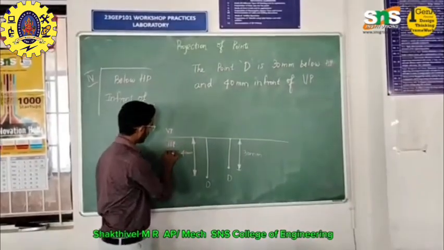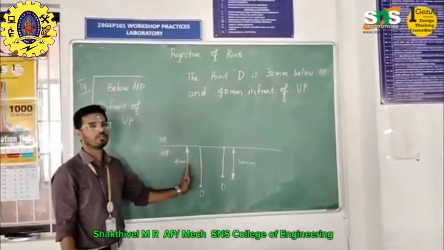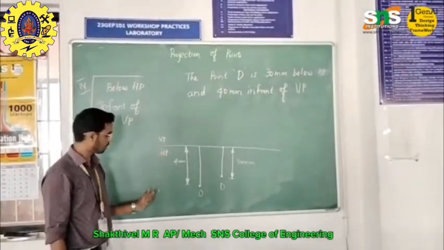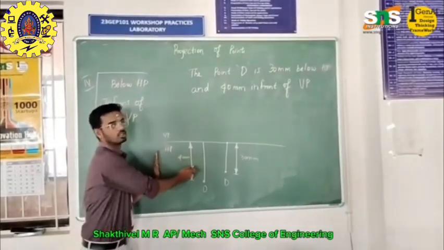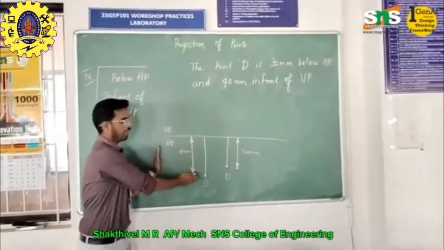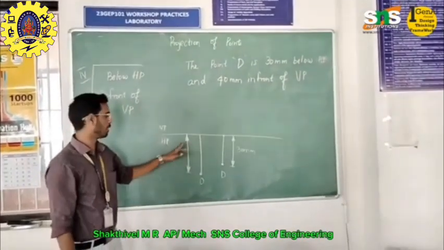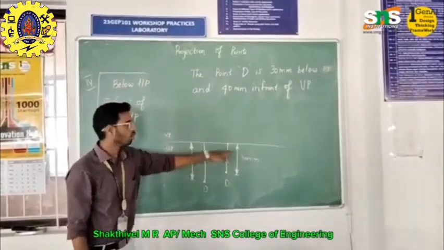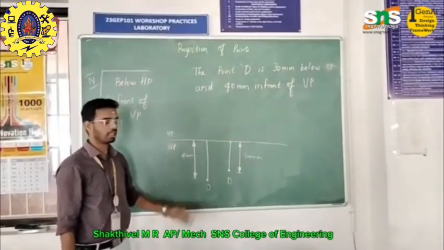Considering it an imaginary vertical plane, so in front of VP, this is the dot. The VP distance is 40 mm, already given in the question: 40 mm in front of VP and 30 mm below HP.